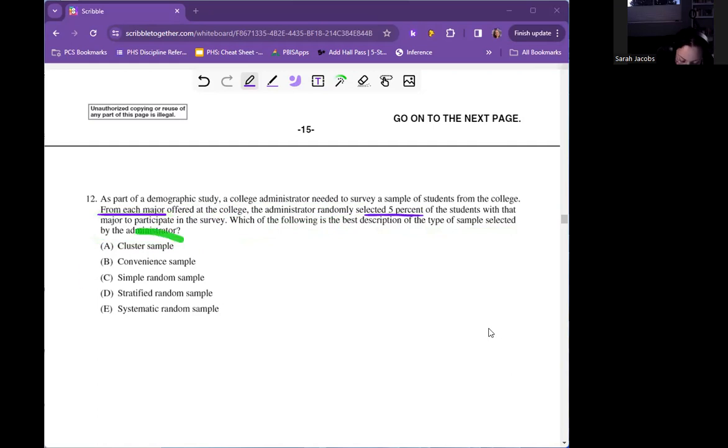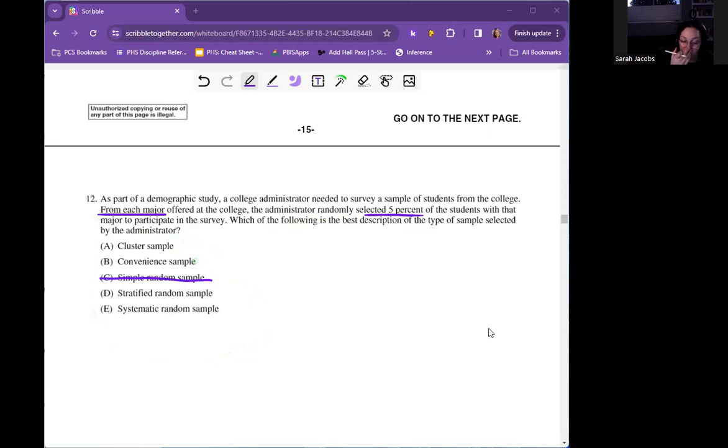So looking at our answers, just a quick little review. There's some sort of thought here, and it's not just they pulled a random 5% of student IDs and surveyed those people. Looking at C, it's not a simple random sample because it's not simple. It's not a convenient sample.